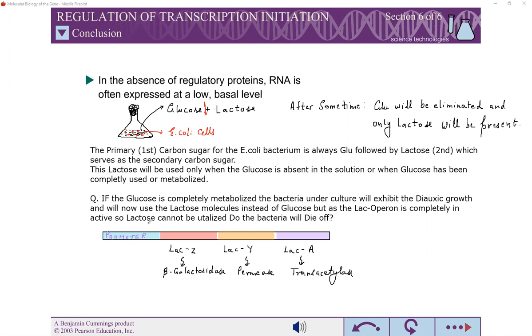Now I'm saying to you all that when lactose was absent and glucose was present at high concentration, no transcription was taking place. But what happens here is that instead of no transcription, actually low transcription was taking place, and such low transcription is called the basal level of transcript.